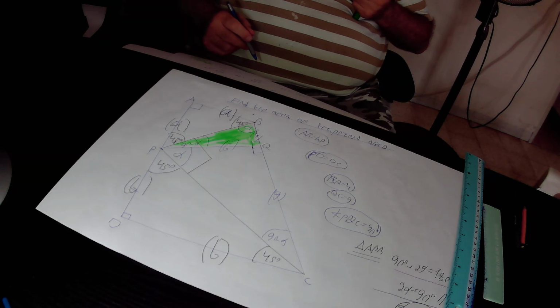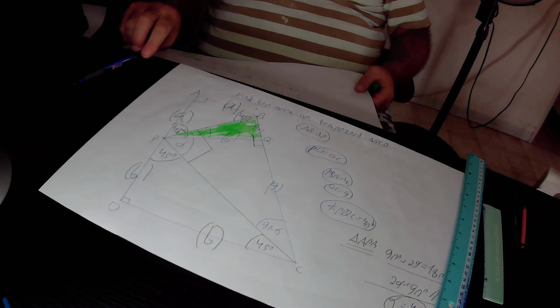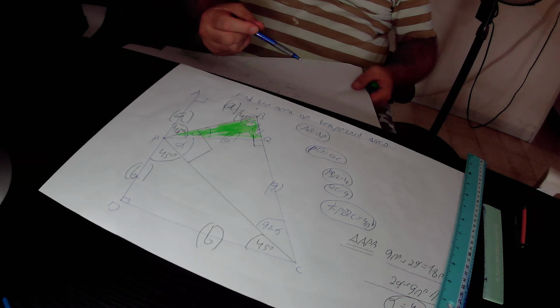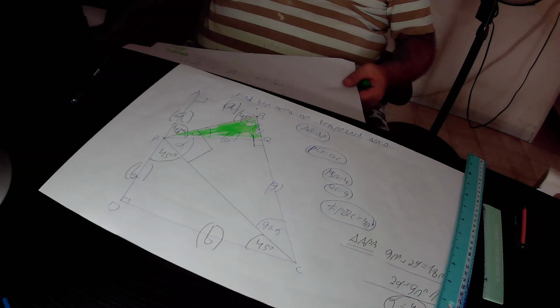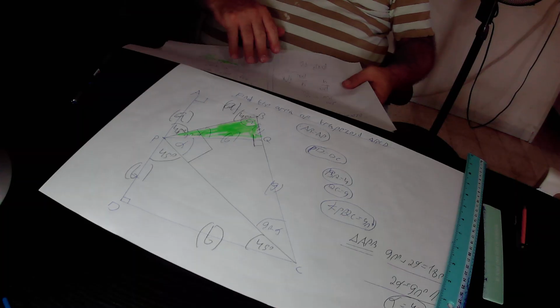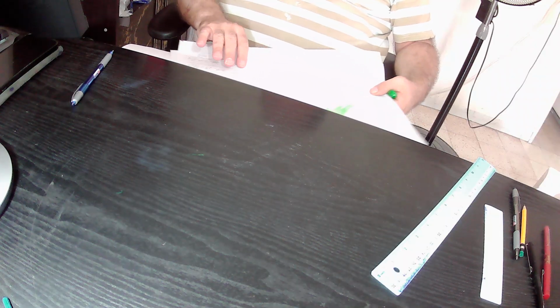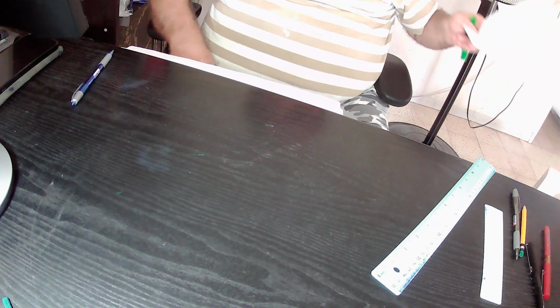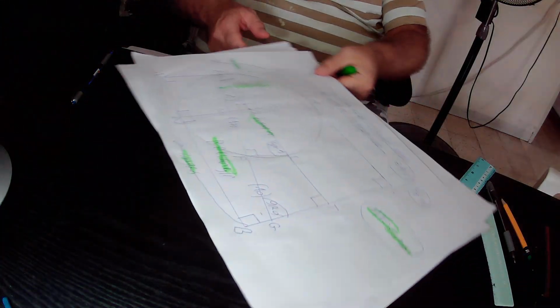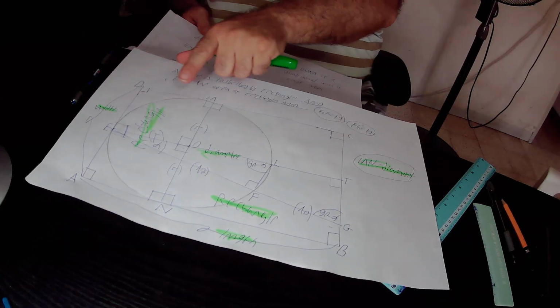We start with the first question, of course. In the first question, our mission, our task, was to find the area of this rectangle ABCD that blocks this circle.